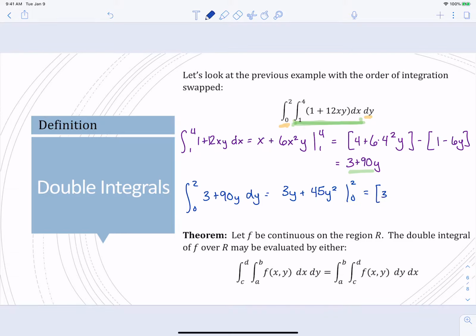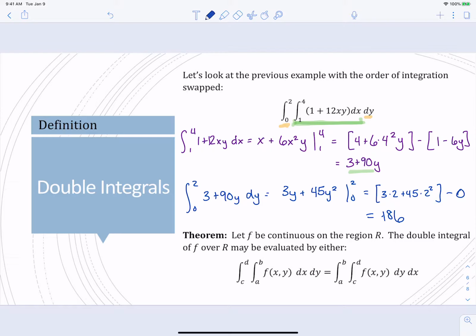Again, now it's the fundamental theorem of calculus. 45 times 2 squared minus 0. And this ends up also being 168, or 186, excuse me. So notice we got the exact same thing. It doesn't matter if we took the integral with respect to x first and then y, or y and then x.